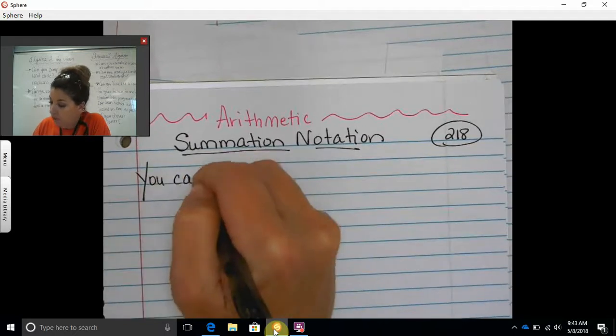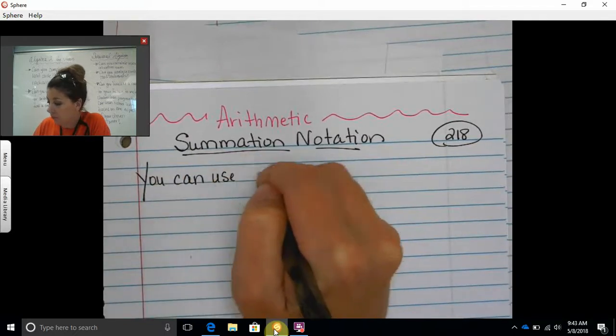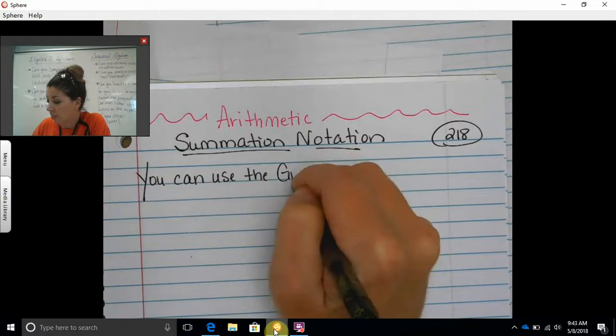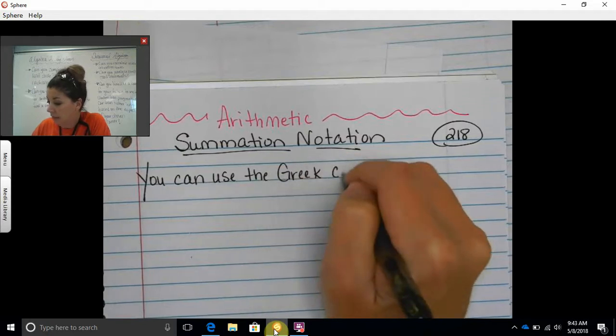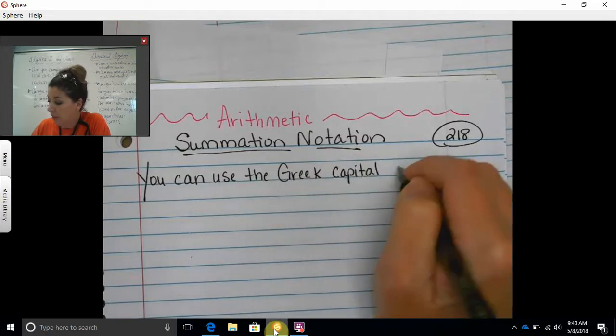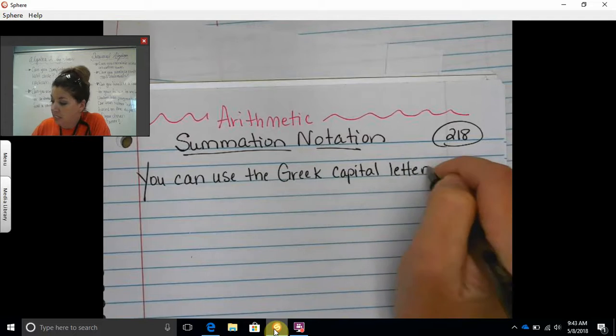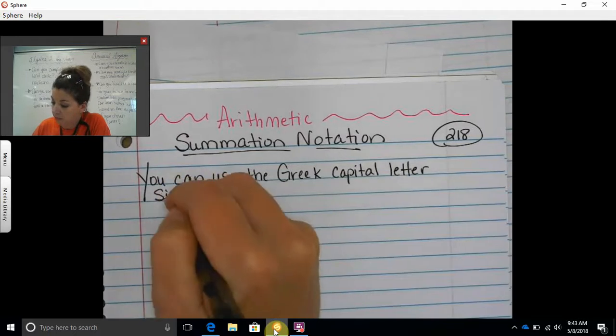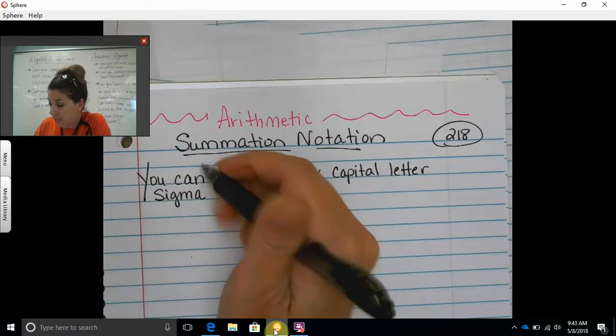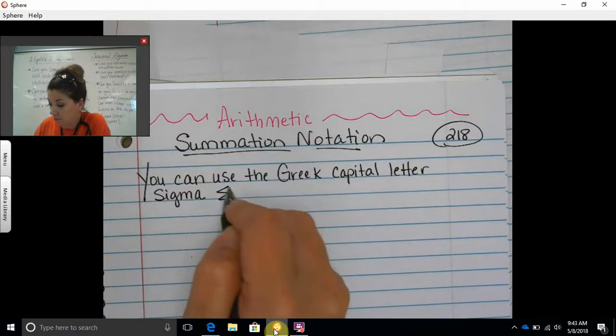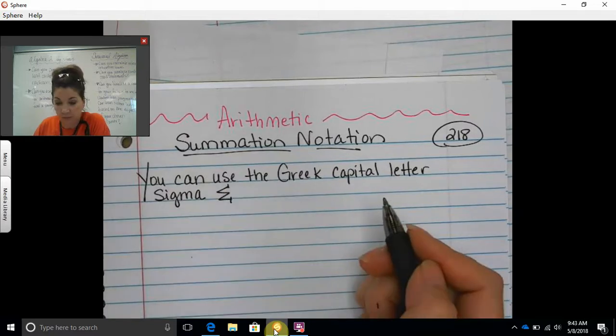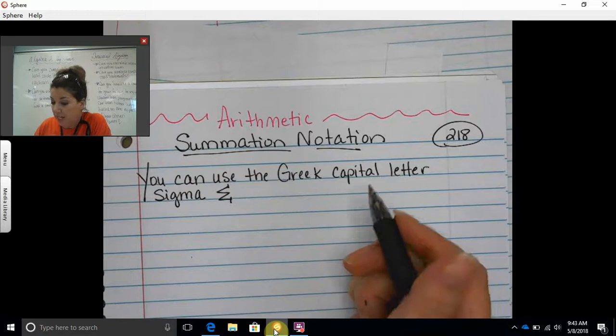You can use the Greek capital letter sigma, which looks like this, to indicate a sum.